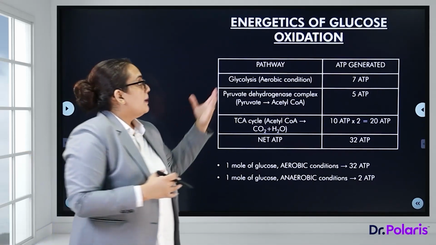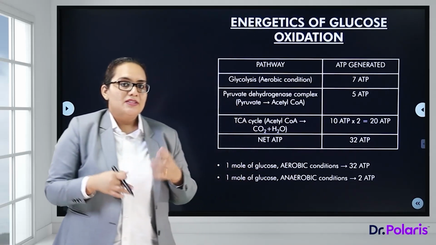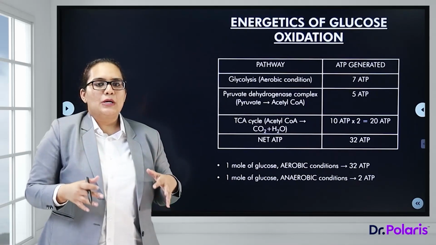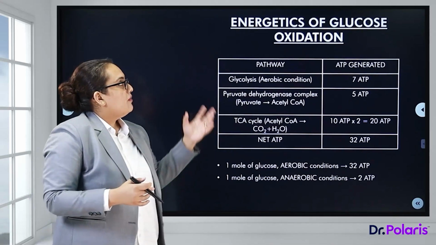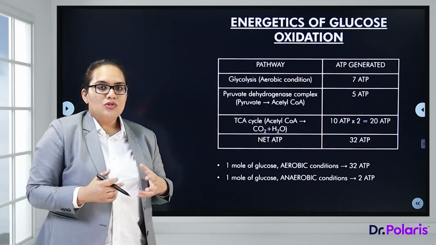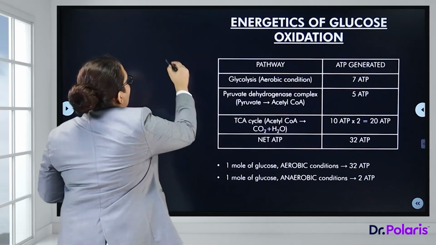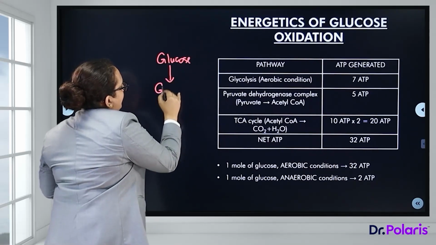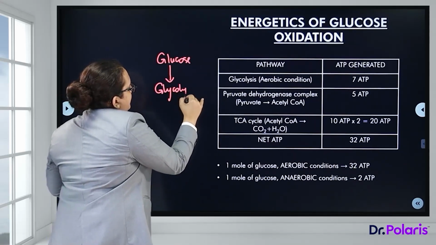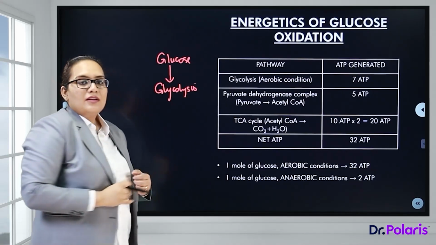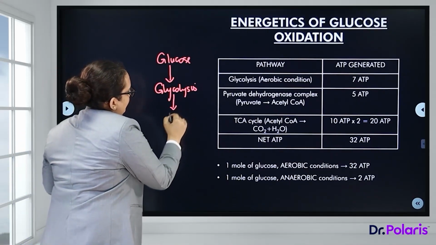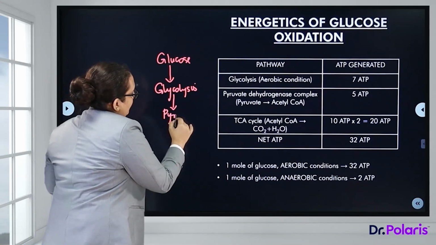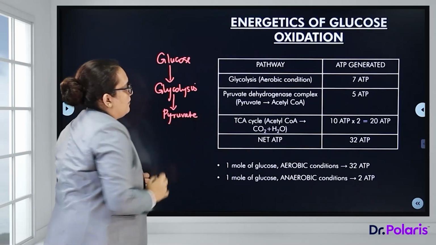Now, if you consider the complete oxidation of glucose, considering that glucose is the principal carbohydrate ingested and broken down in our body in various cells, if you consider the total energetics of glucose oxidation, glucose generally undergoes glycolysis. During anaerobic oxidation, you have pyruvate formed. During aerobic oxidation, in the presence of oxygen, you have pyruvate formed.